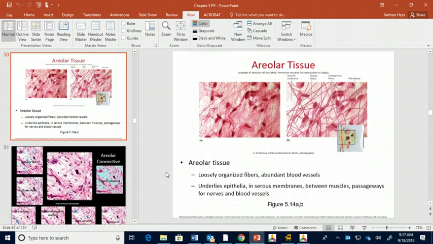Okay, so here's our first of our connective tissue. This is the areolar tissue. Areolar tissue, very loosely organized, right? And where is that? The spread of the mesentery. So like the in-between. The mesentery is this tissue that overlays the intestines.